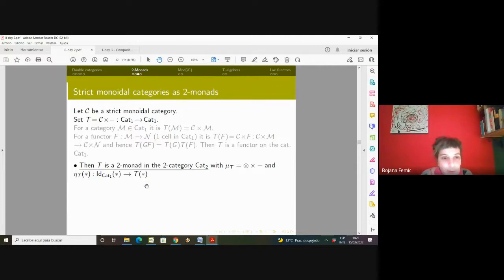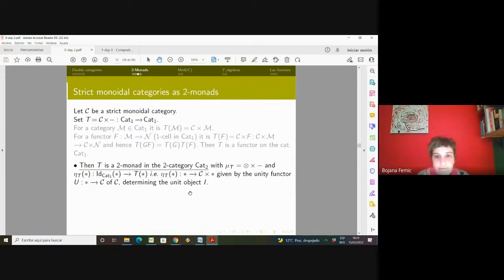So when I compute what this gives me, identity is just the star, T of star is C times star. So in total, I will give this eta evaluated on the star by the unit functor U from the trivial category to C, which determines the unit object in my monoidal category C. So here C times star gives back just C. So indeed we have here this unit functor.